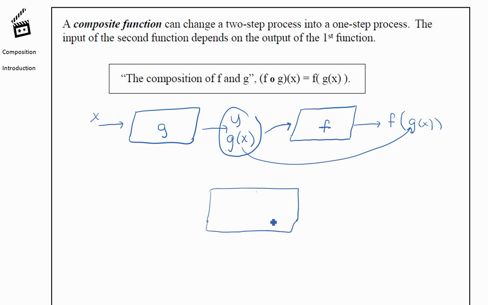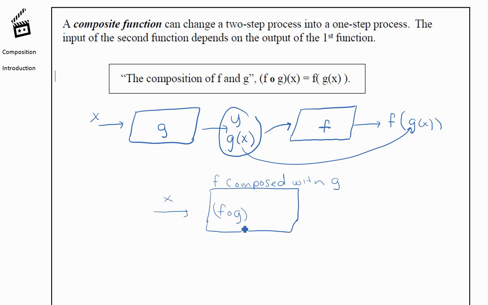Here, we're going to call this new machine f composed with g. This little circle means composed. So this function is called f composed with g. What we're saying is we're putting in an x value.